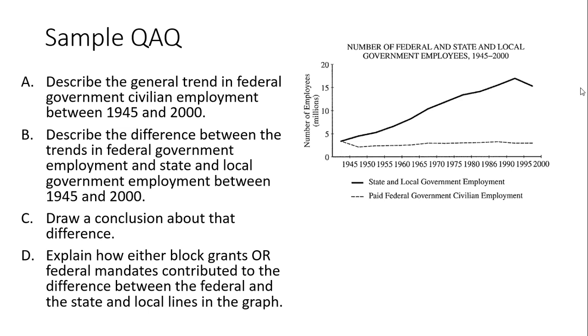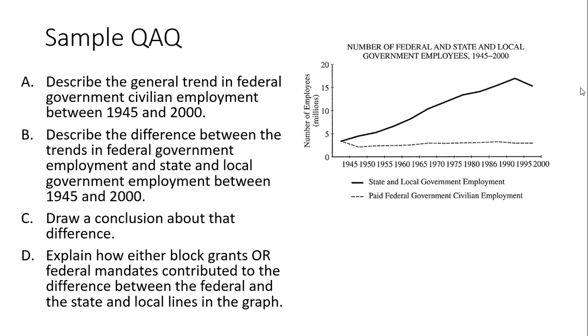Yes, it dropped off a little bit there in the 90s, but that doesn't change the overall narrative. That state and local employment was steadily increasing over these 55 years, and it's higher than federal employment for all of it. All right, part C connects back to B. So again, this is where I said it could all be lumped together as B, or it's separated.